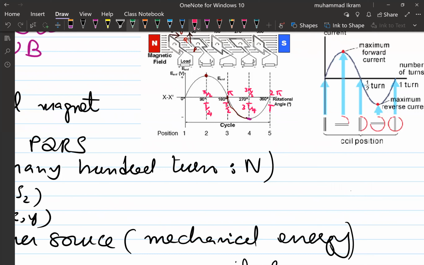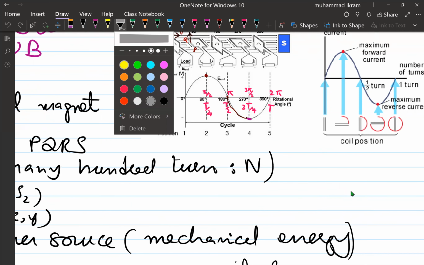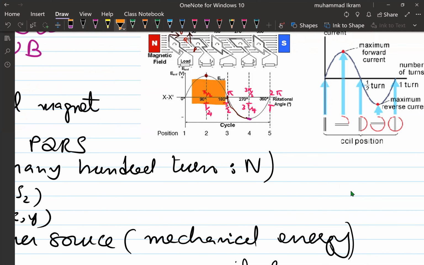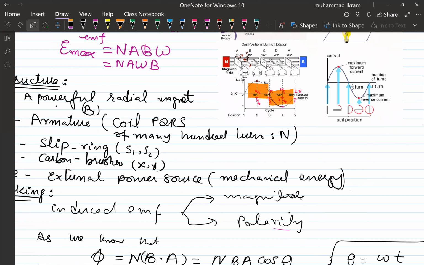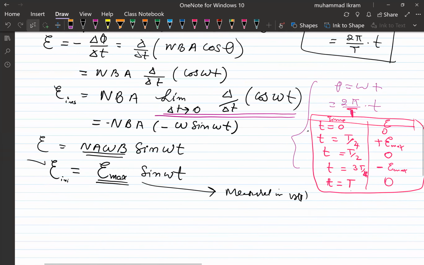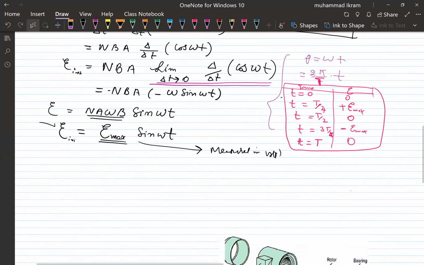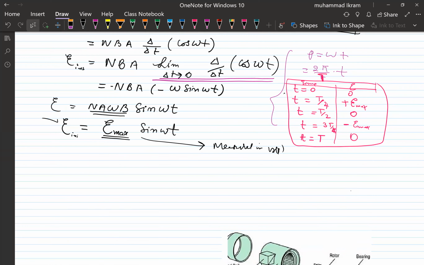For example, look, this portion of the induced EMF is equally important as this portion, clear? Both are equally important, right? But the difference is that the current flows in the opposite direction, the rest is the same. And now you see here, as I told you, this is the E max, the maximum value.